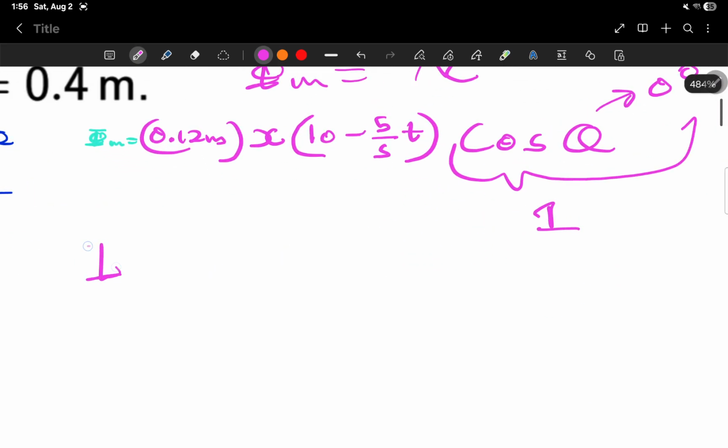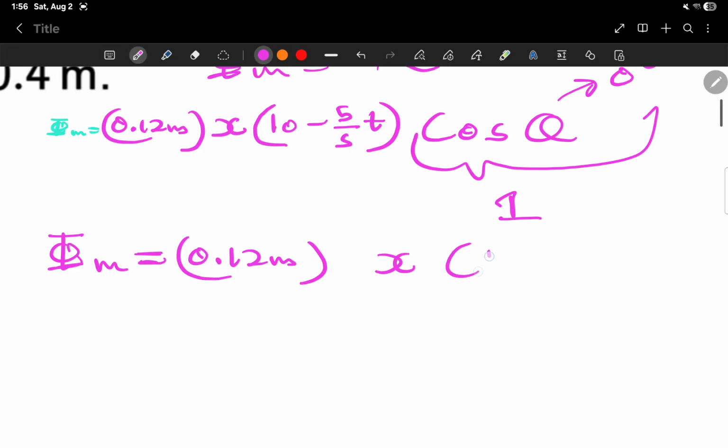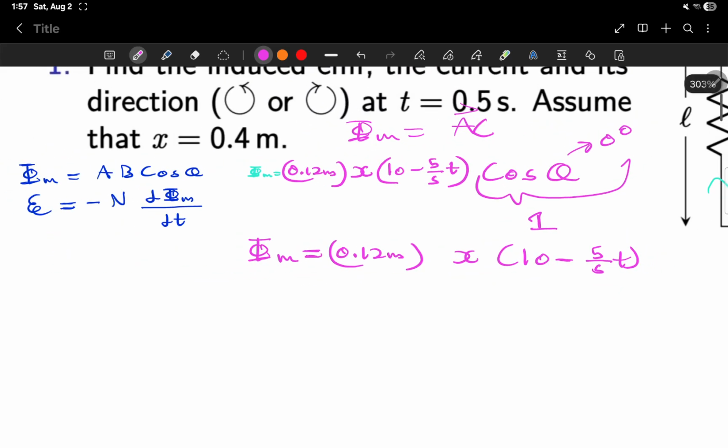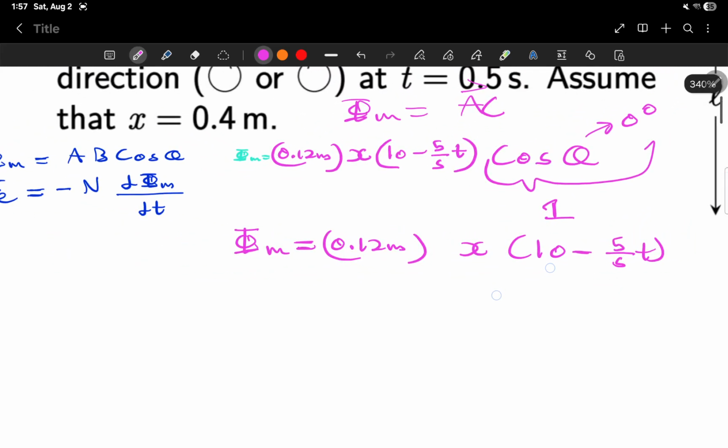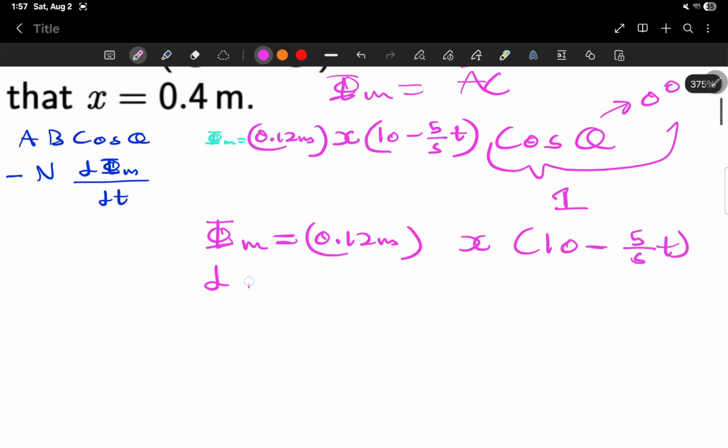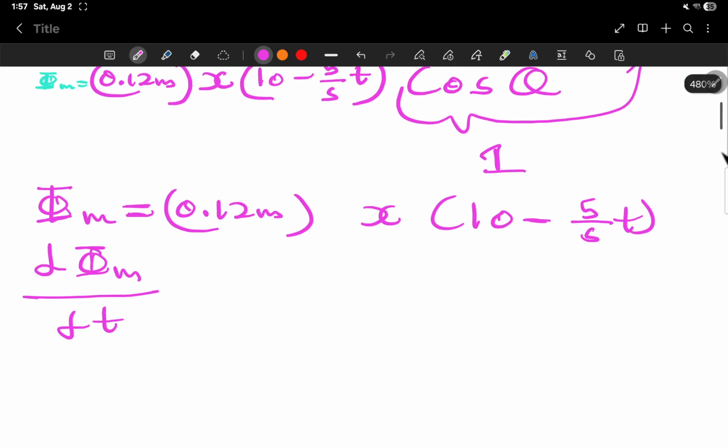Now to continue with the magnetic flux, I know that the length is a constant, but my width is changing and my magnetic field is changing because of this function. So I'll take the derivative, to show that these things are changing, since I can't find a fixed value for them. I'll use the constant rule to take this out.